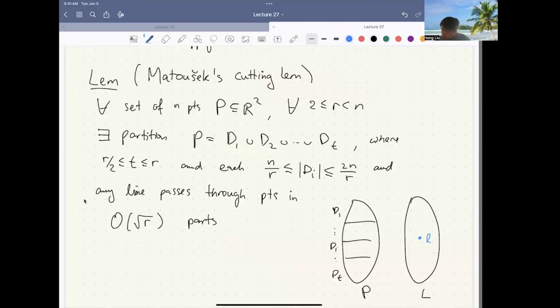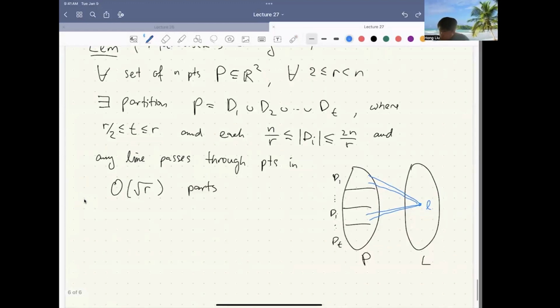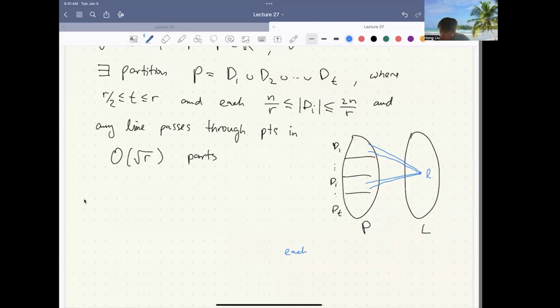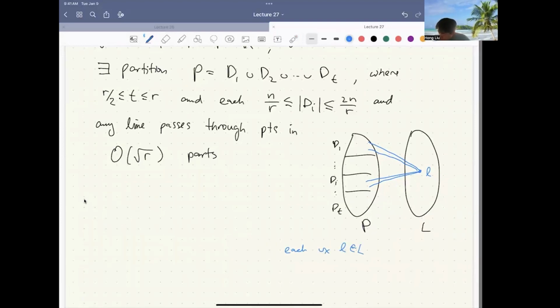In other words, in the incidence graph, this vertex L as a line only has neighbors in this many parts.